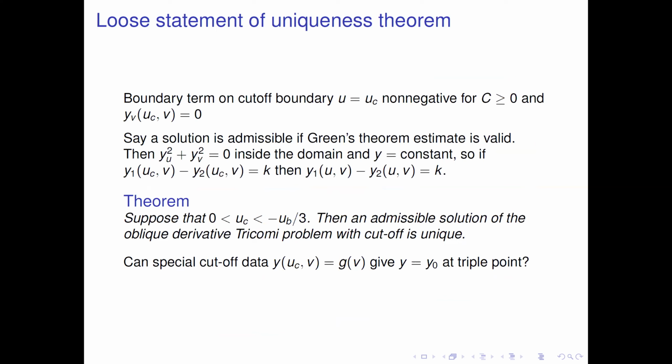So basically, admissible means the solution has to be sufficiently regular that Green's theorem will work for those boundary conditions and so on. And that strongly suggests that a smooth flow behind the Mach shock would be highly non-generic, but it still leaves open the question of whether some specific data could give you a smooth flow behind the Mach shock. So anyway, I'll just stop there. Thanks.